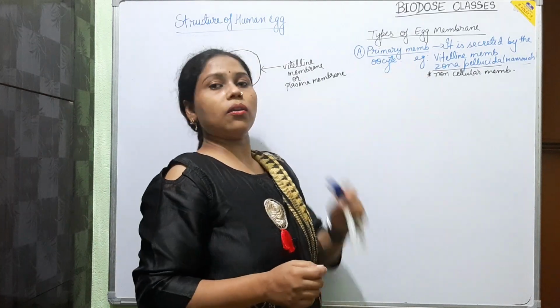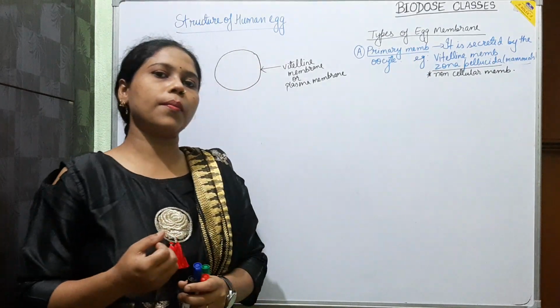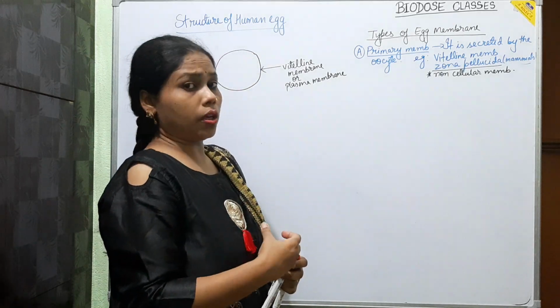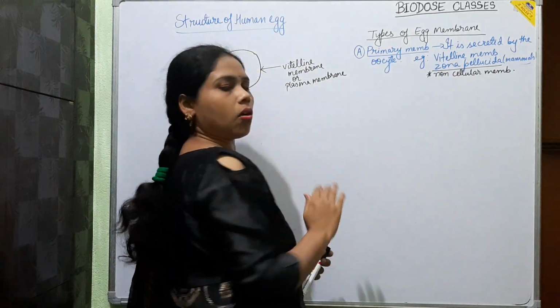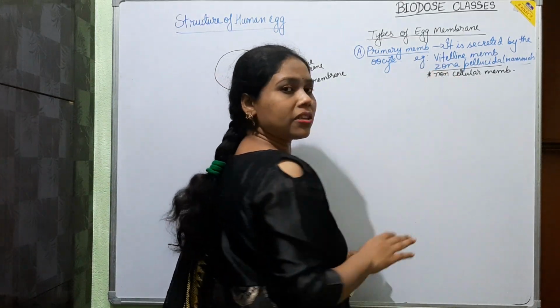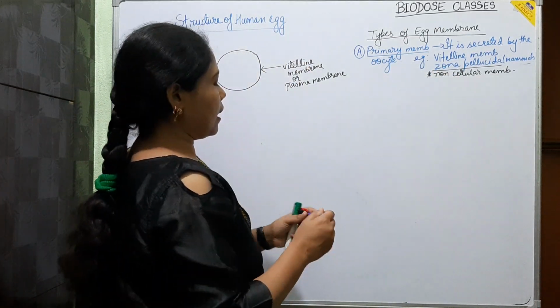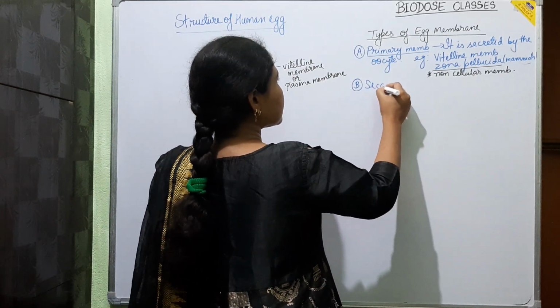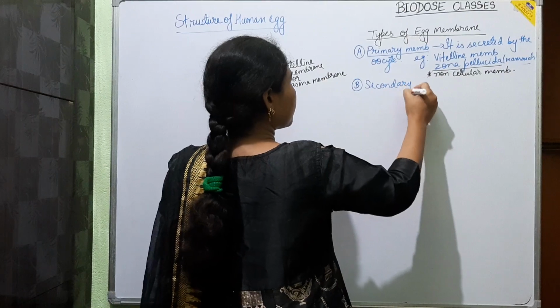So this zona pellucida is a non-cellular membrane because it is not made up of cells, it is actually made up of synthesis of this oocyte. So the primary membranes are these two.